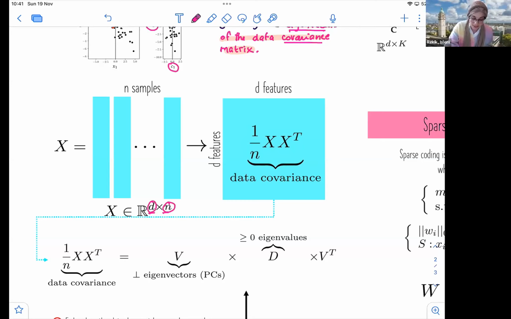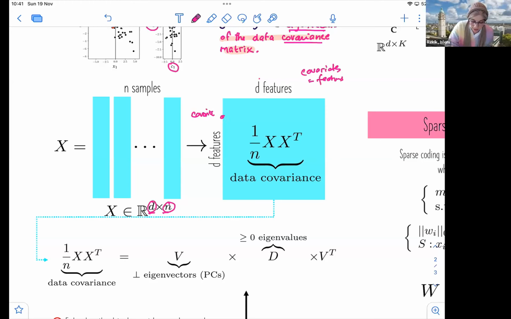And the dimensionality of the data covariance depends on the number of features, and it does not depend on the number of samples. So it should be D by D. Why is it D by D? We can also see it mathematically, but we call it the covariance matrix because each element here is a covariate, and the covariates are the features of the data.